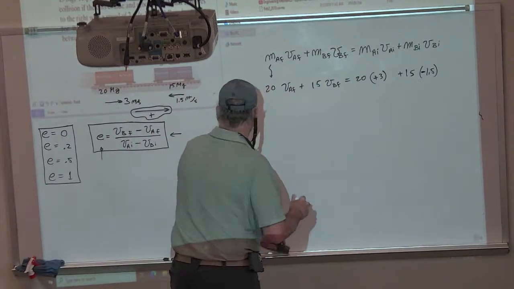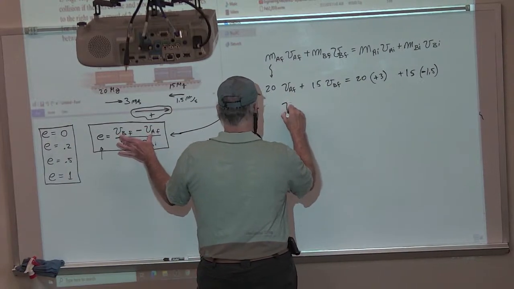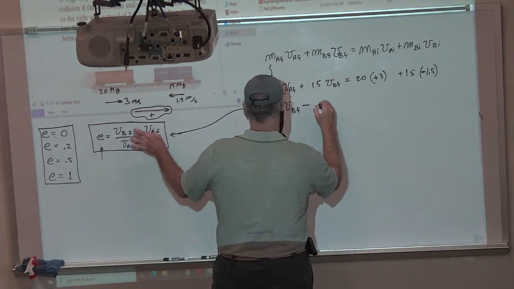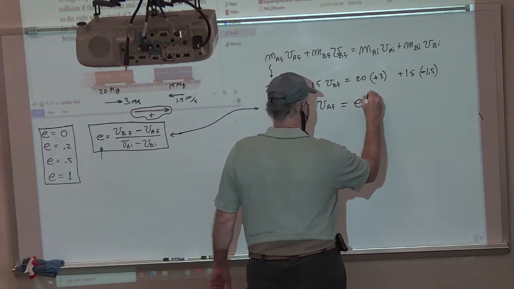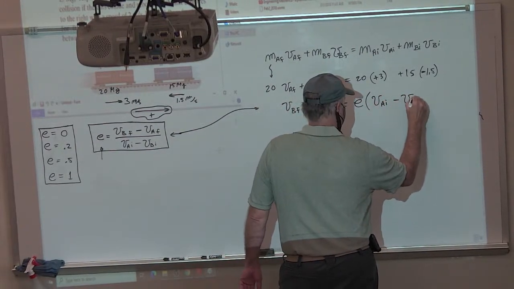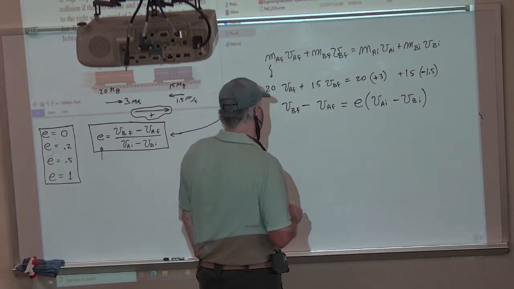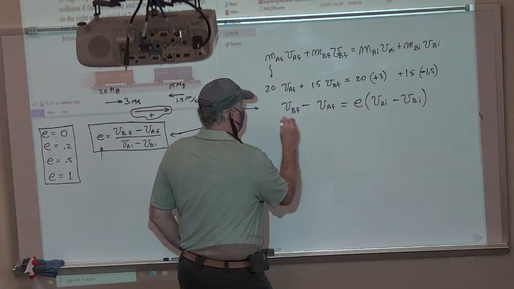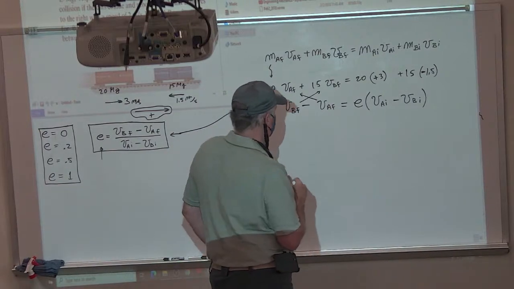Take the top equation: V_B final minus V_A final equals, this moved over, e times V_A initial minus V_B initial.